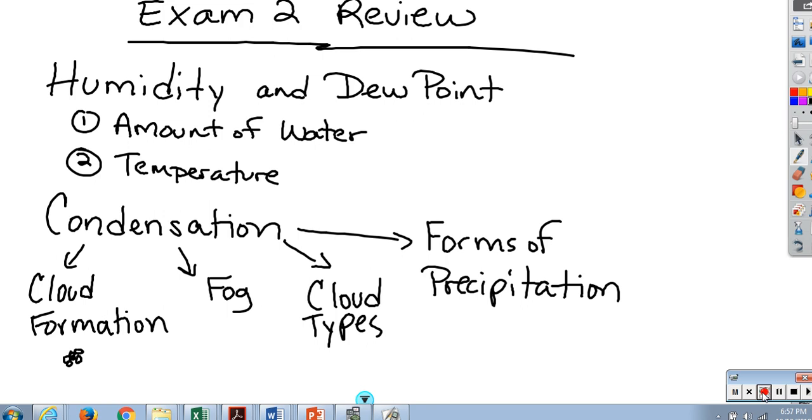We have to either cool the air temperature down to reach the dew point, or you have to add more moisture into the air so that you lift the dew point to the air temperature to reach 100% humidity. So the different types of fog are based off of those two principles, either cooling the air down or adding moisture to the air.